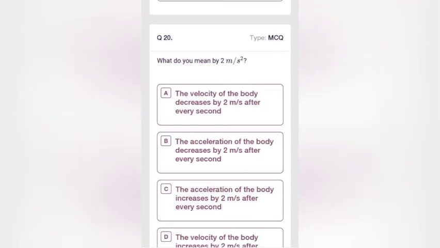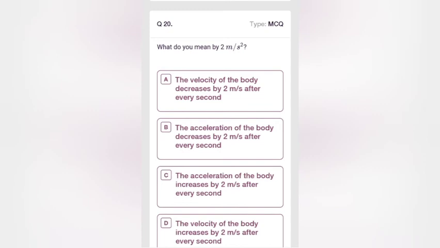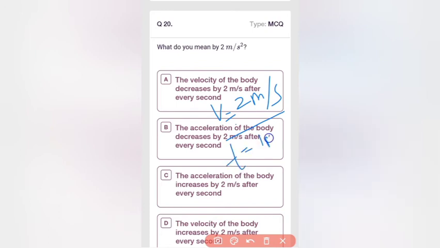What do you mean by 2 meter per second square? It means that the body has velocity of 2 meter per second for a time period of 1 second.